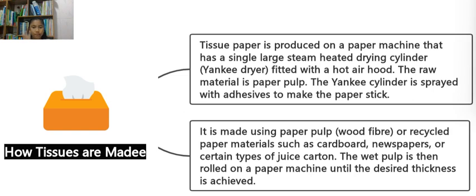After we mix all those recycled paper materials, we put them with water to get the wet pulp. The wet pulp is then rolled on the paper machine until the desired thickness is achieved.